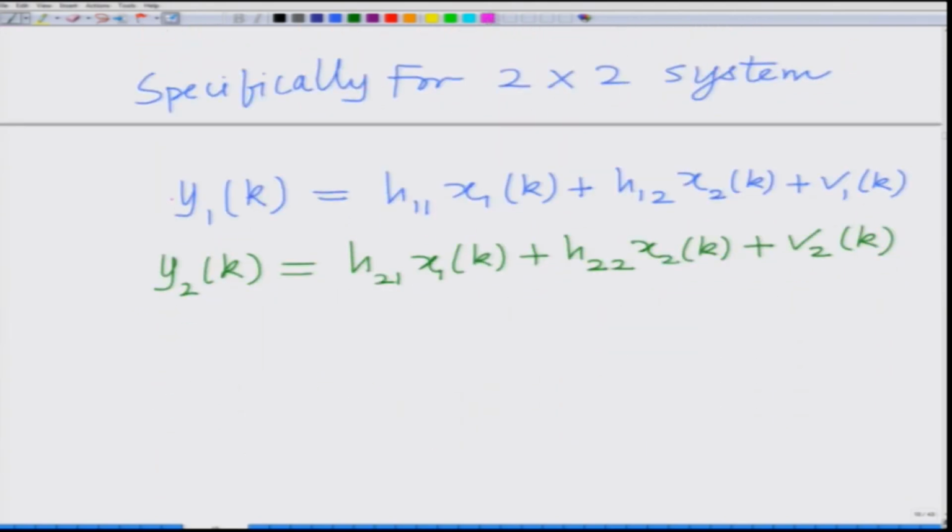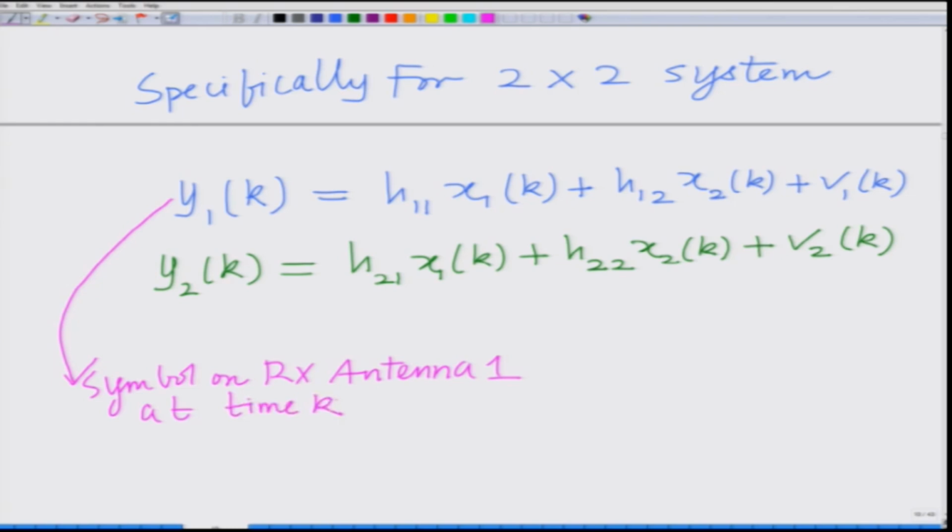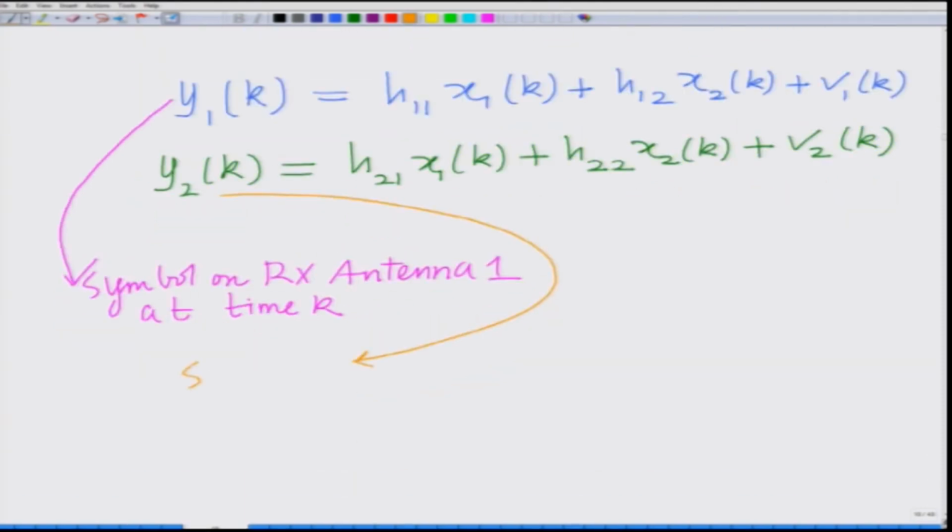Basically, your y1 of k is the symbol on receive antenna 1 at time k, and your y2 k is basically the symbol on receive antenna 2 at time k.